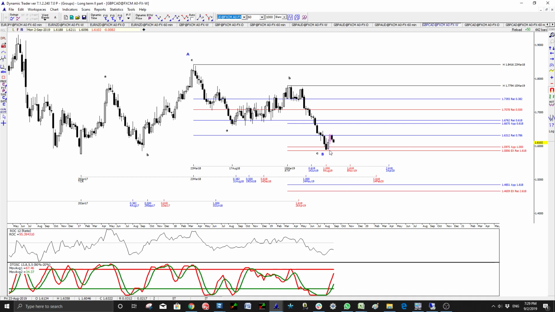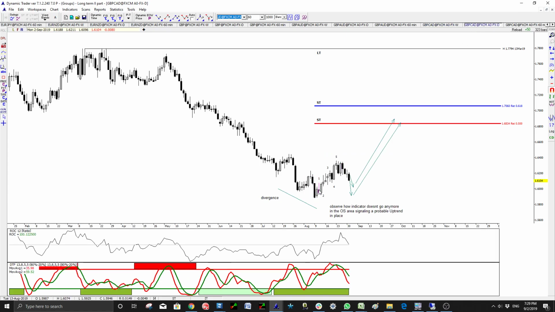And pound CAD right now, it seems like the momentum is pushing up while the price is moving downwards. We have a 5-wave movement towards the upside, which signals that the trend might have changed towards an uptrend, and it's coming down right now, correcting that 5-wave movement.